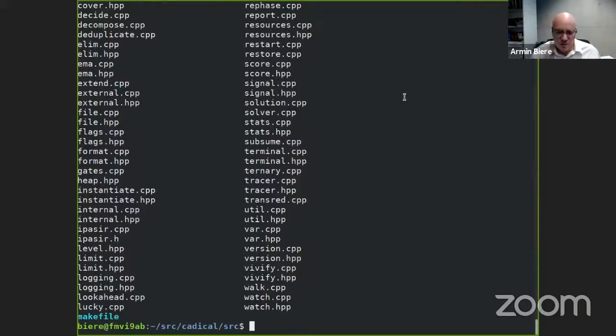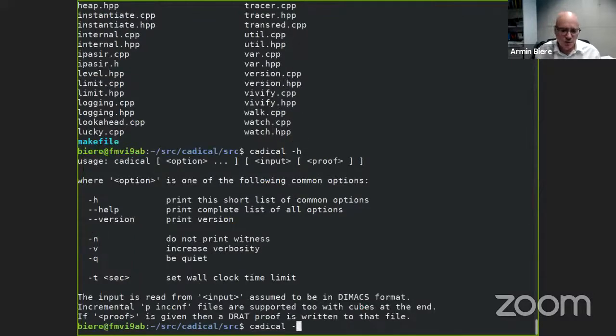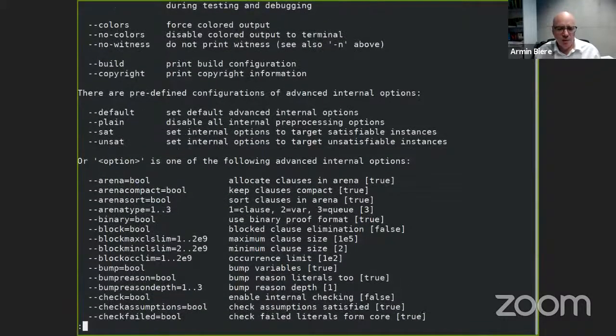To show the others, if you run it, you get only a very small test thing. But if you say help, then you get all these numbers.